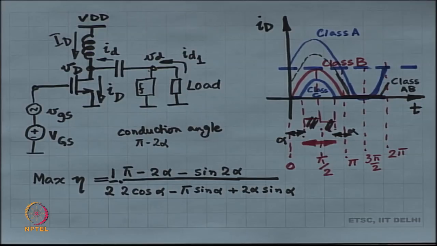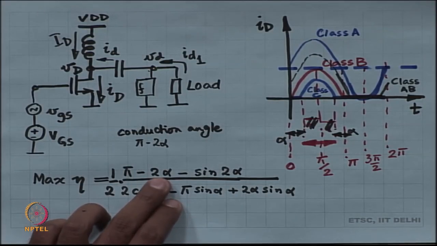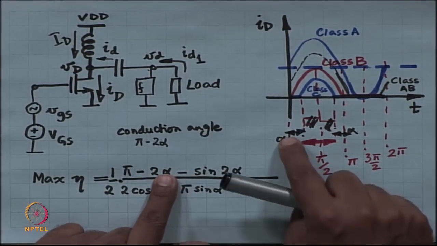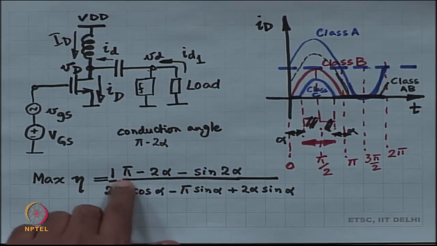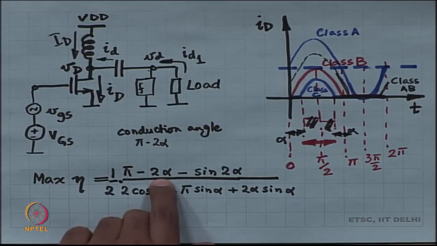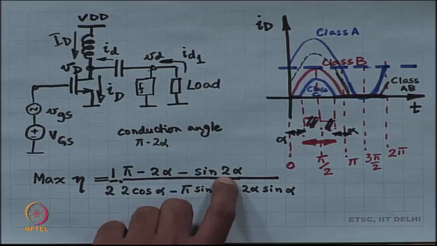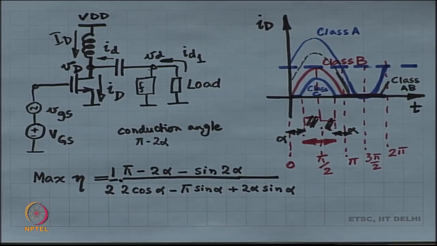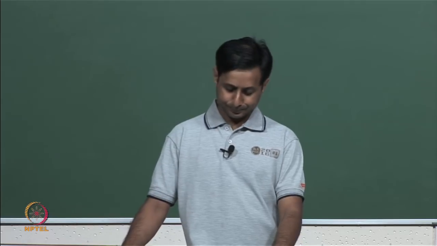And for example, if we now decrease the conduction angle further, let us say I make alpha a little more, let us say I make alpha equal to pi by 4, then we had worked out pi minus pi by 2 minus sine of pi by 2, that is 1, okay, divided by whatever you have, and overall you will find that the efficiency has increased.